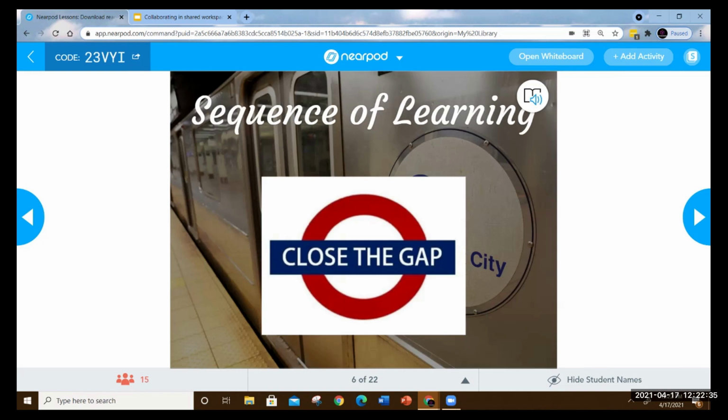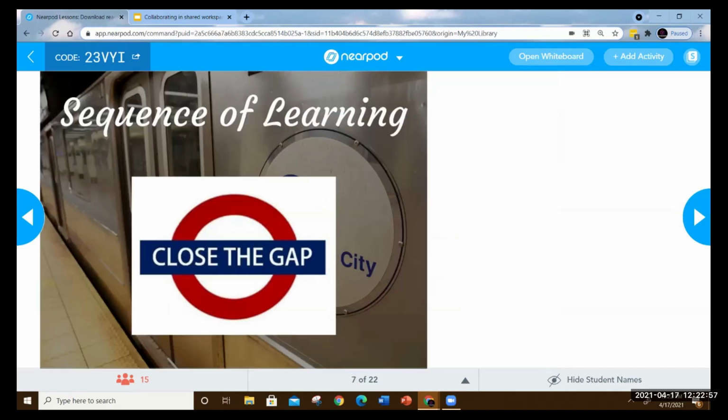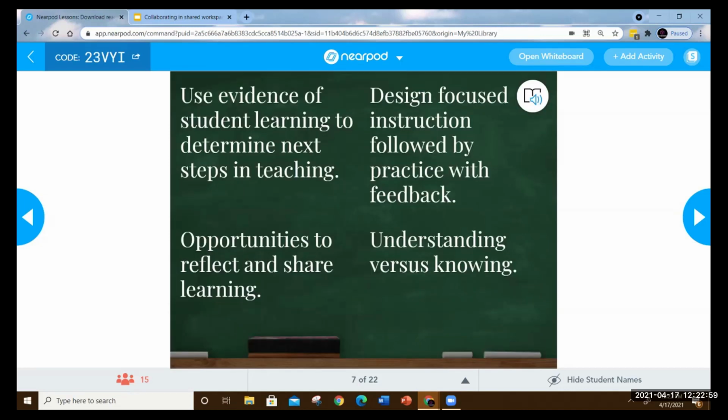We've all heard about the learning gaps, right? And I'm not talking about the gross learning gaps that are a result of the pandemic. We're talking about within the body of a lesson. How do we close the gaps in terms of differentiating so that all our different learners are getting to that target and hitting the mark? So we want to focus on our sequence of learning in our target.